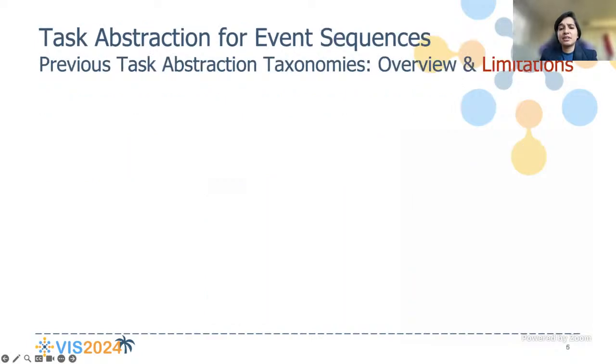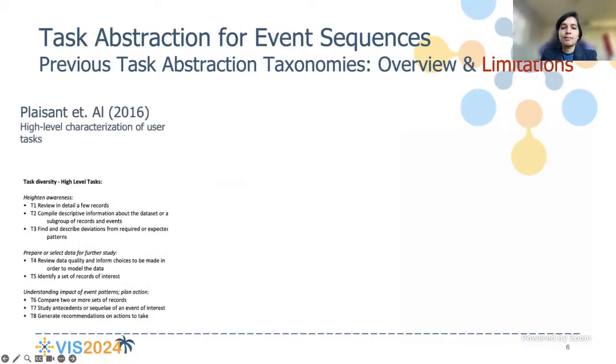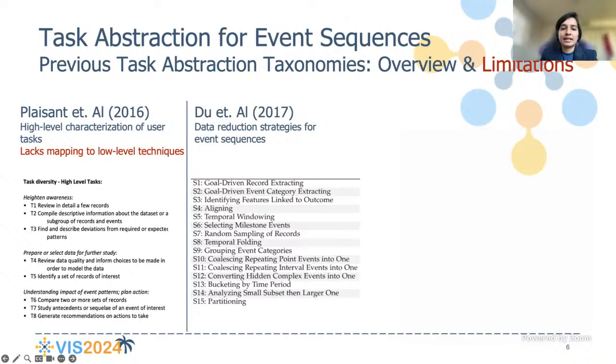Now, let's take a brief look at some previous task taxonomies for event sequence analysis. Plaisant et al. proposed 8 high-level user tasks for event sequence analysis. However, it only provides high-level goals and does not shed light upon how to translate them to low-level tasks. Du et al. identify 15 strategies for data reduction.